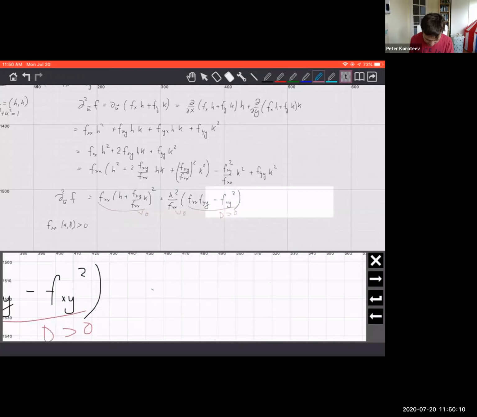So no matter which direction you go, along every vector u, the second derivative is always positive.